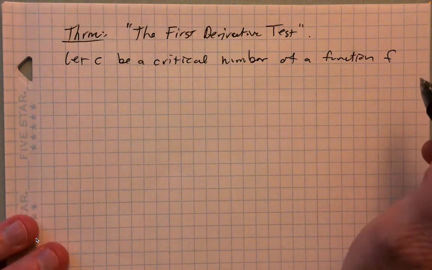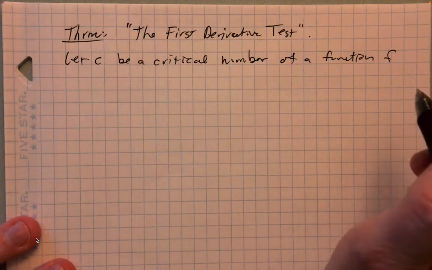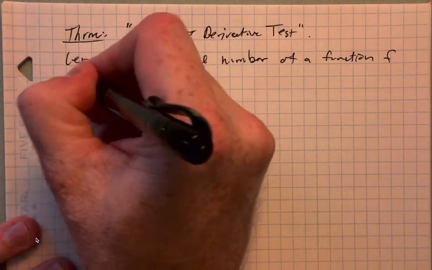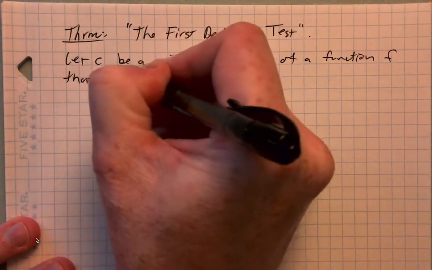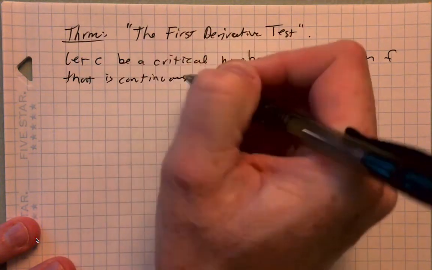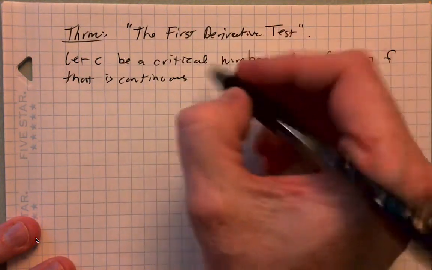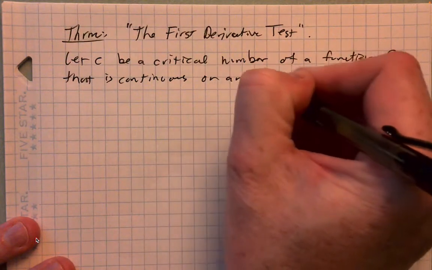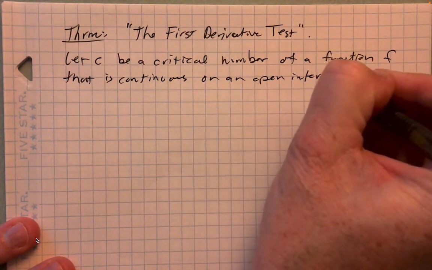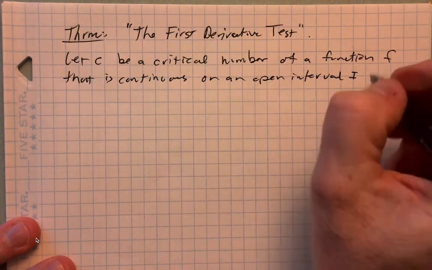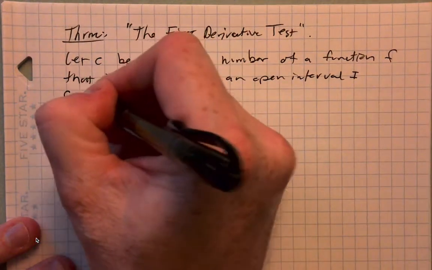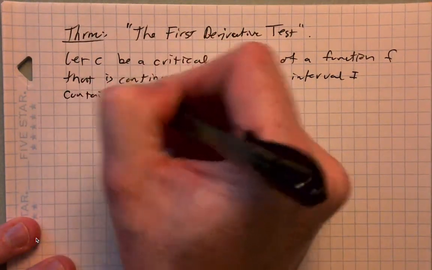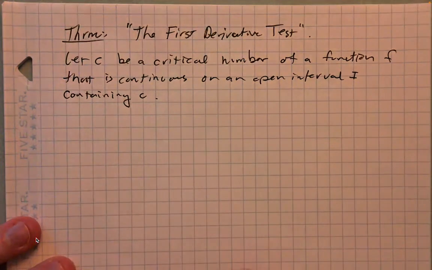Let C be a critical number of a function f that is continuous on an open interval I containing C. Okay, so this is the first windup.